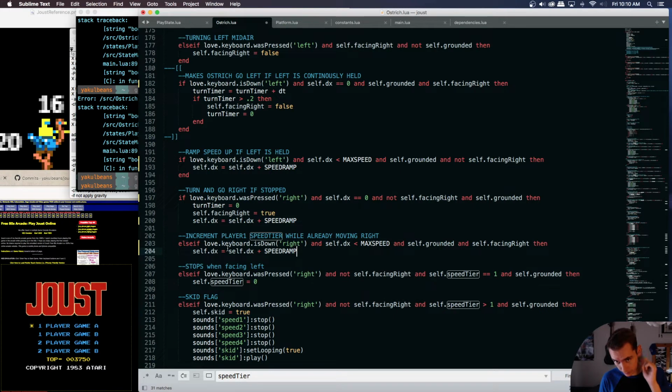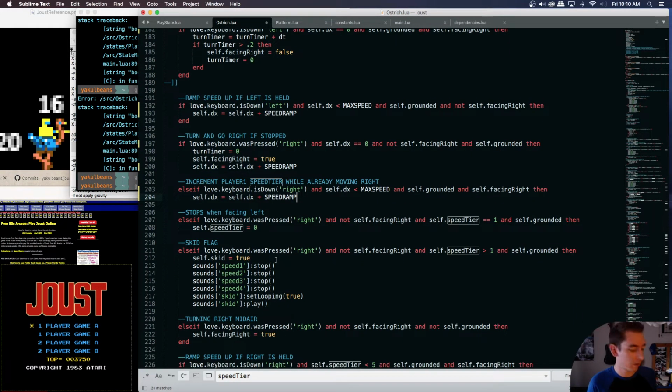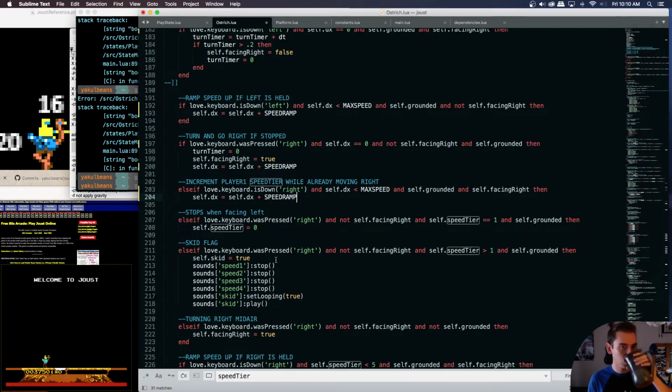So if right is down and our dx is not past max speed and we're grounded and we're facing right, then you give our dx a speed ramp increment every frame. If this was pressed and we were facing left and our dx is less than 0.4. I just realized I did the same thing on the other one.